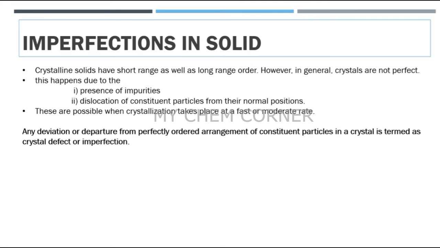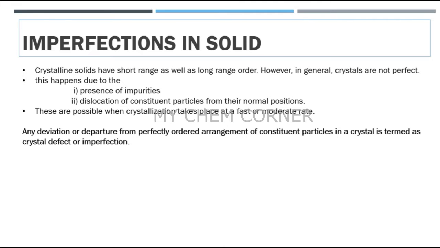Crystals are supposed to have their respective geometry, their respective arrangement of constituent particles. If there is a deviation from all that, if the shape is changing, if the geometry is changing, if the arrangement of these particles is changing, then they are classified under crystal defect or an imperfection in solids.